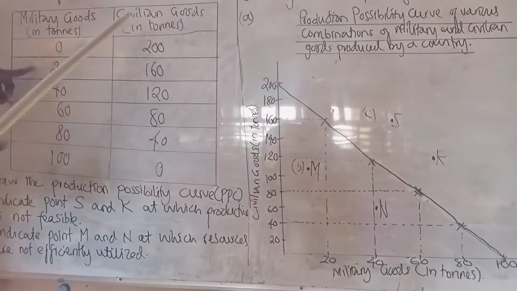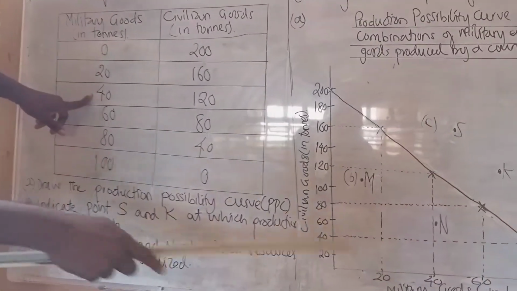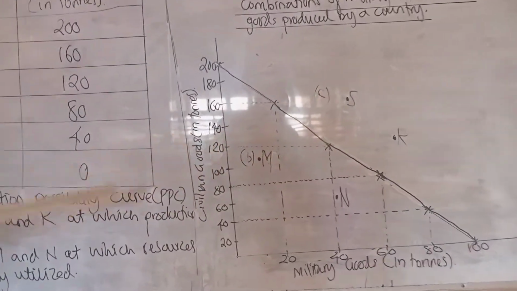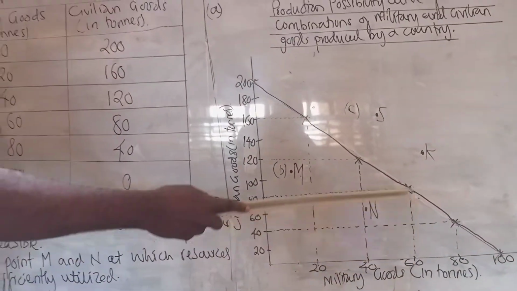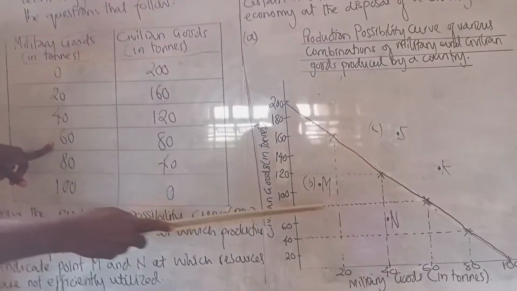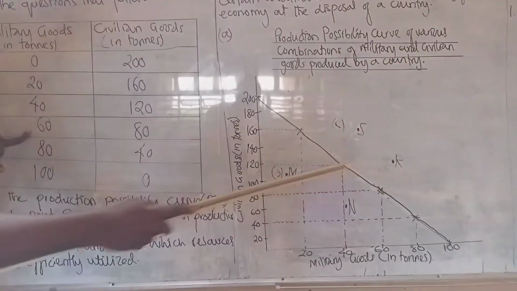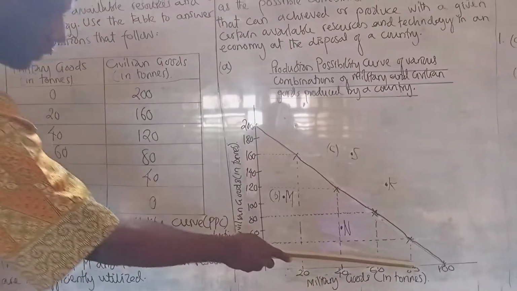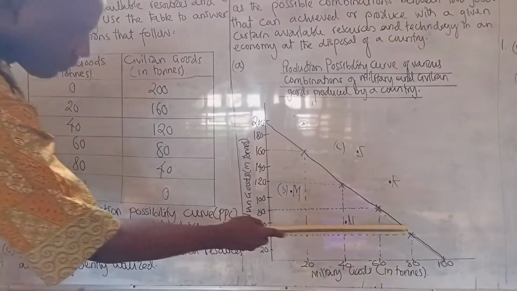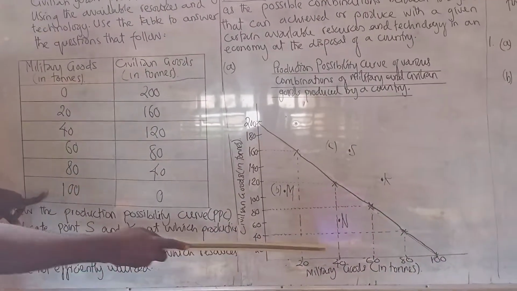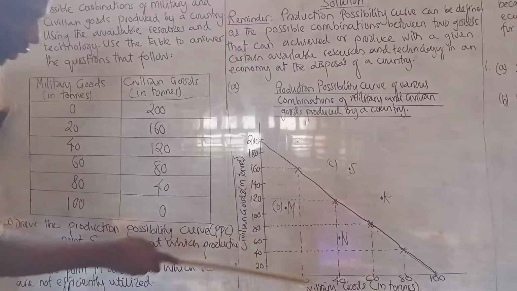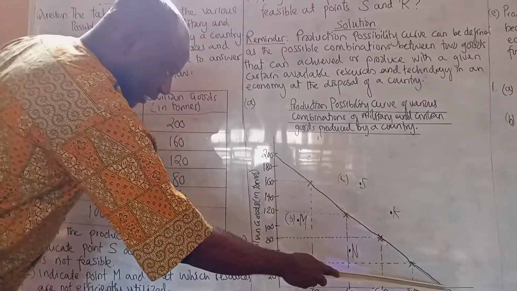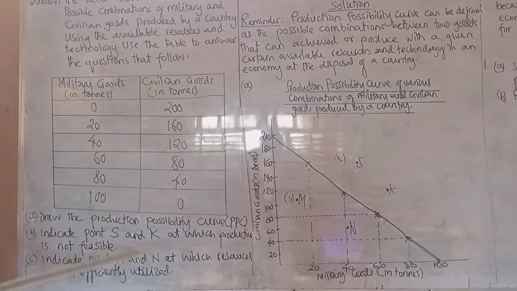Then 40, 120. When it is 60, you trace it up, you see 80. When it is 80, the intercept is 40. When military good is 100, civilian is 0, so it is on the x-axis.